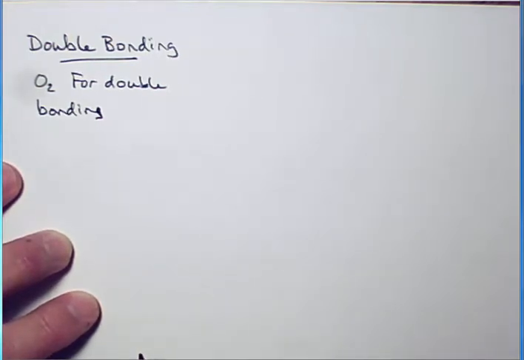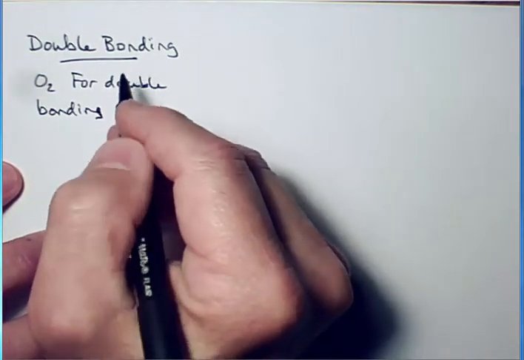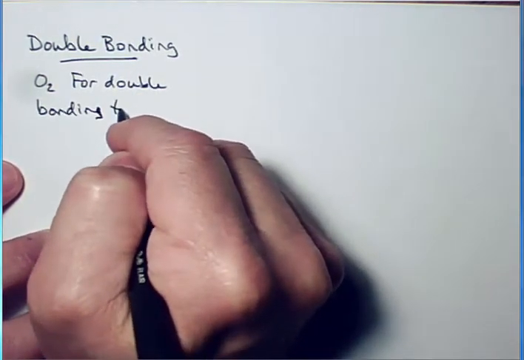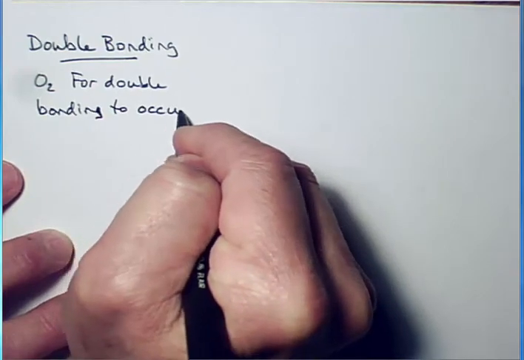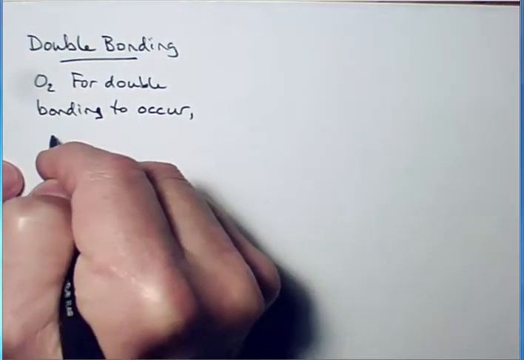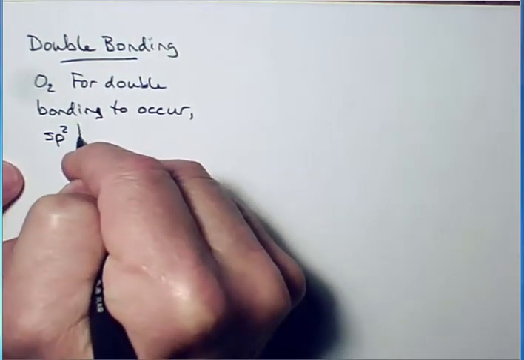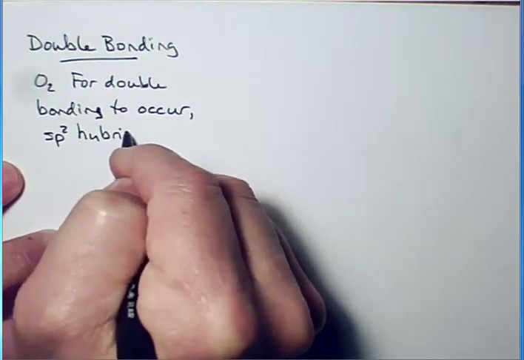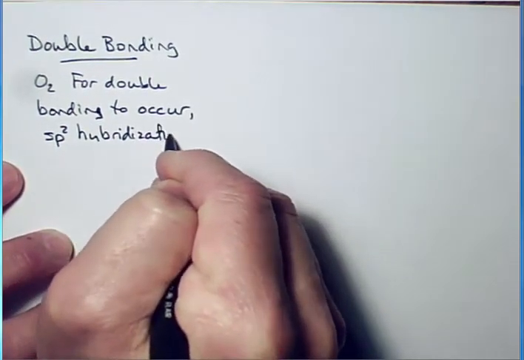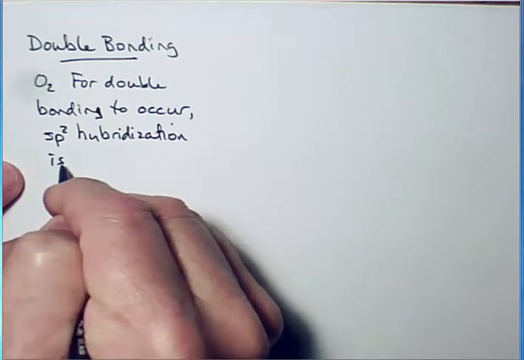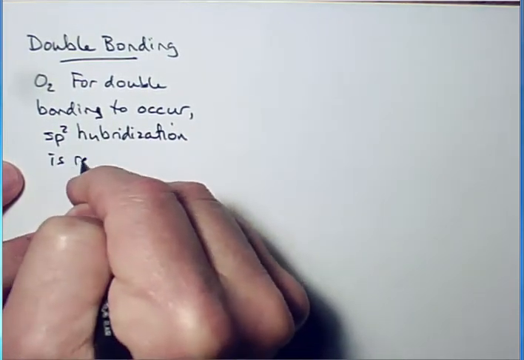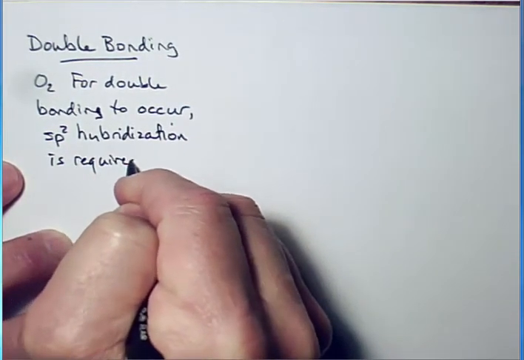But for double bonding, you must have sp2. There's a rare case we'll tell you about later where you have some sp hybridization for double bonding, but that's a special case. For double bonding to occur, sp2 hybridization is required.